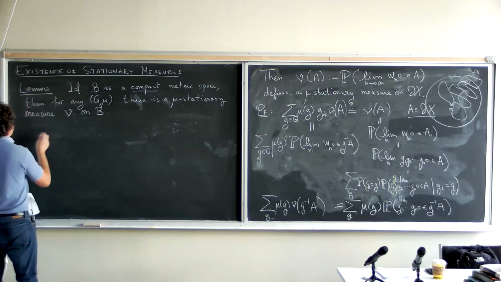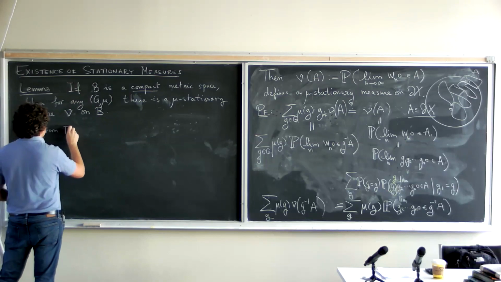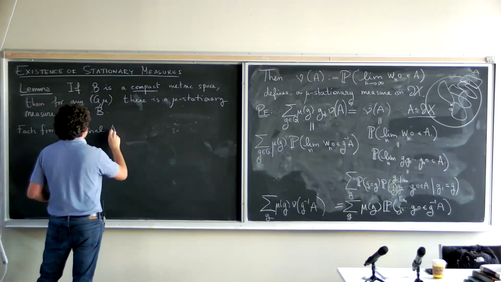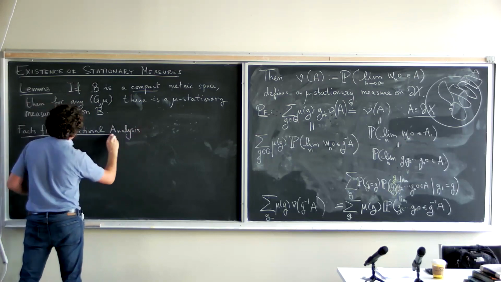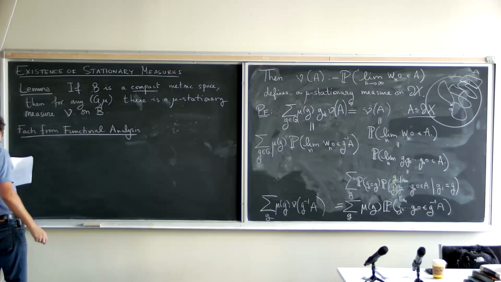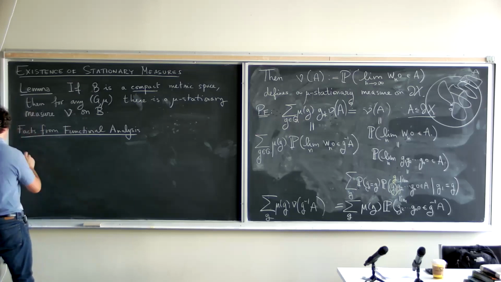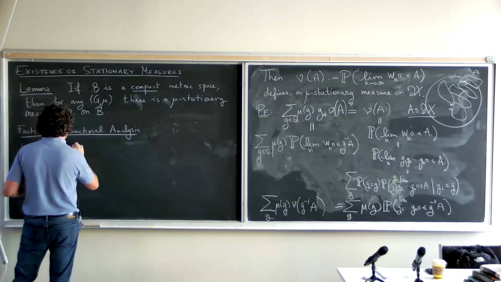Maybe we can see a few facts in classical functional analysis. First of all, recall: let B be a compact metric space.